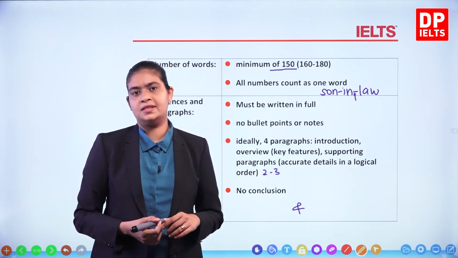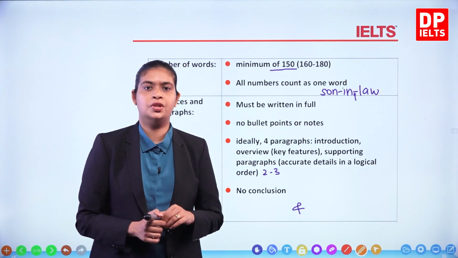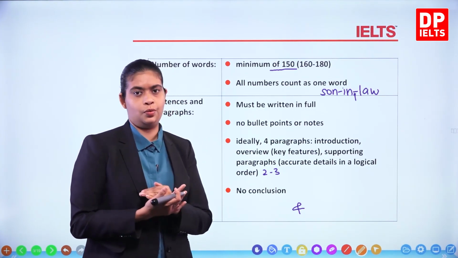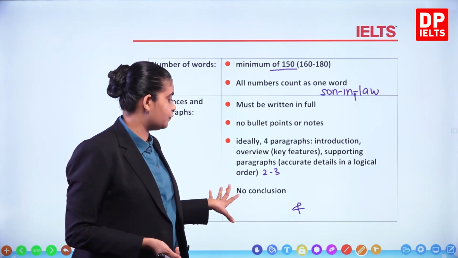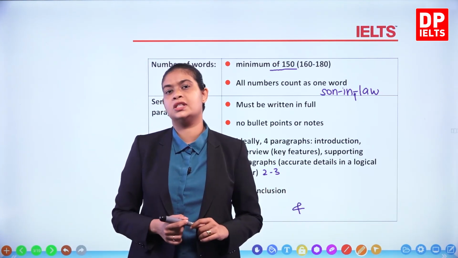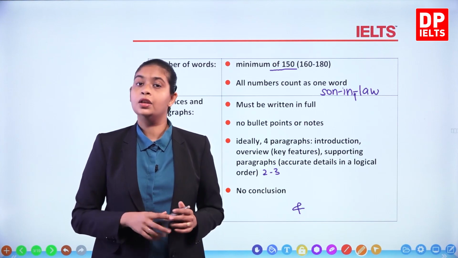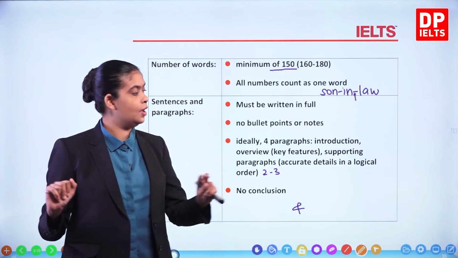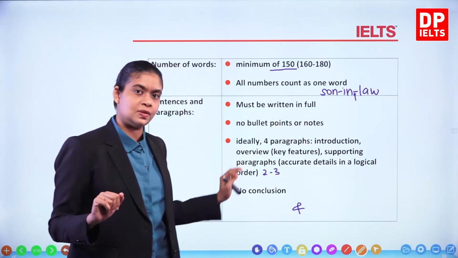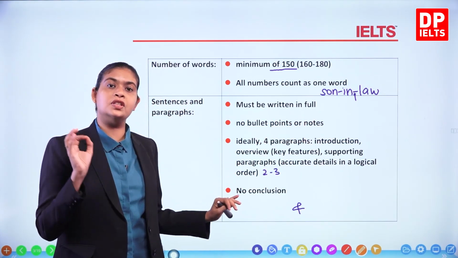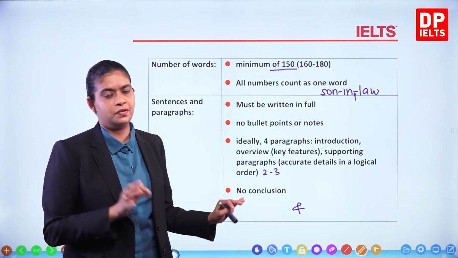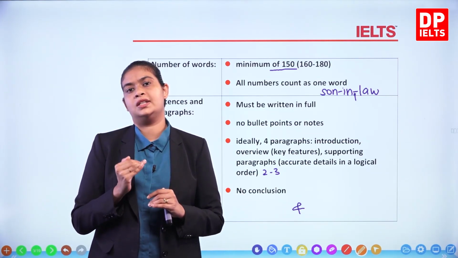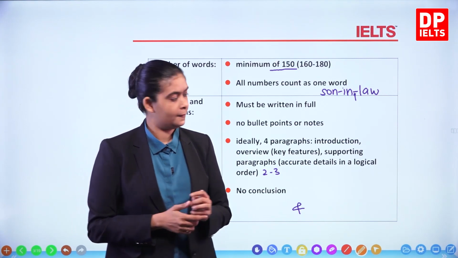Lots of sample answers have to sum up to conclude. Well, the actual answer for that is no, right? You cannot have a conclusion in your task 1. You can have a conclusion in task 2, that's a different story. But because we are doing task 1, and I am focusing only on task 1 information in this lesson, you cannot write a conclusion.